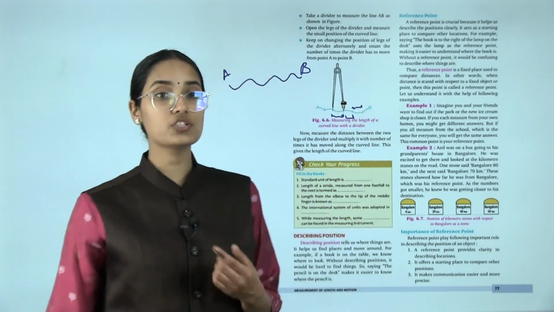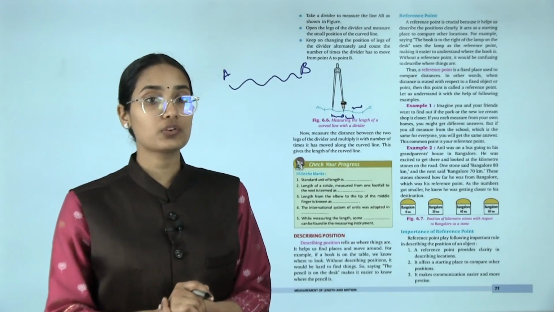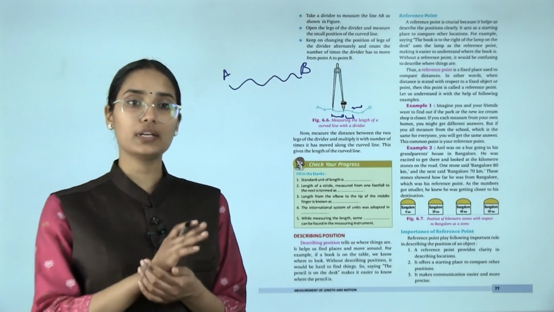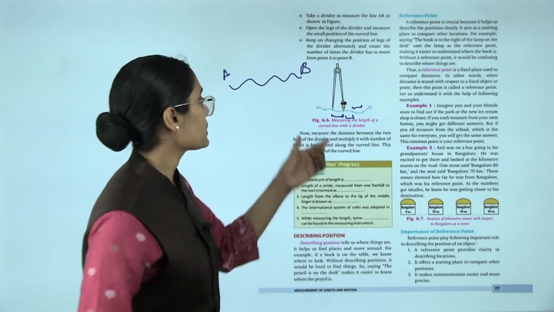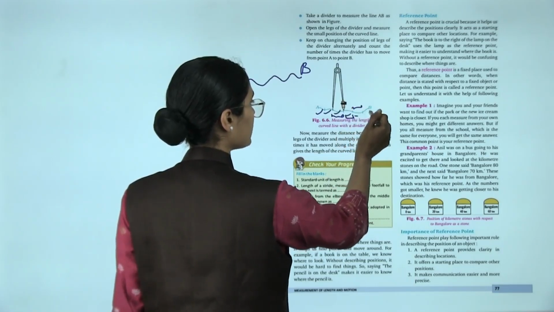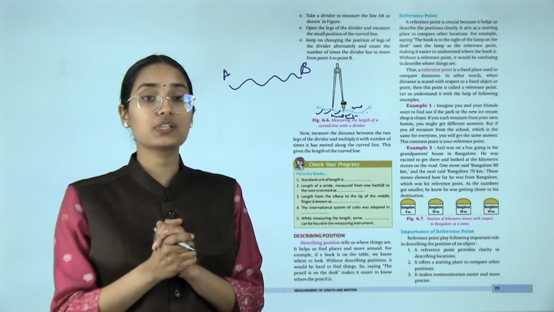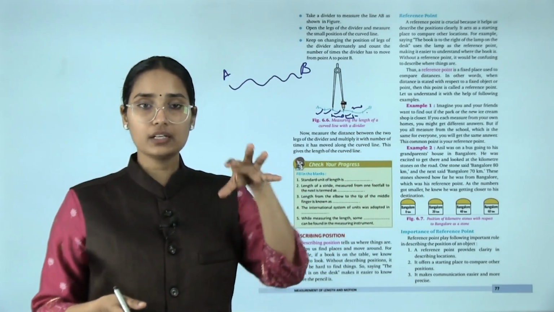Now, keep on changing the position of the legs of the divider alternately and count the number of times the divider has to move from point A to B. So, let us say it took how many times? 1, 2, 3, 4, 5 and 6 times to reach from A to B. So, basically you moved your divider 6 times.